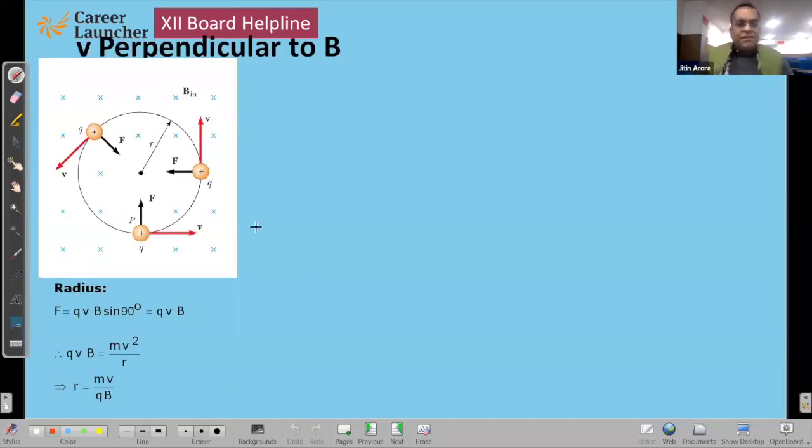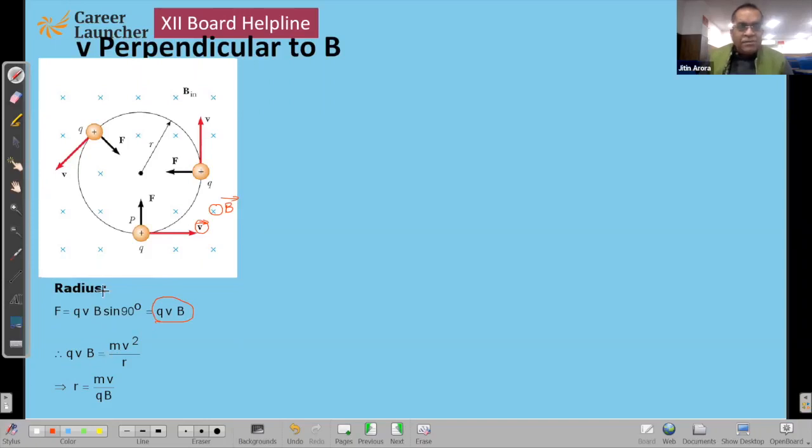Next we talk about, if V is perpendicular to B, what will the motion be like? So here the speed V is perpendicular to the magnetic field B, and we're trying to find the force. We know F will be equal to QVB sin 90, which is equal to QVB.